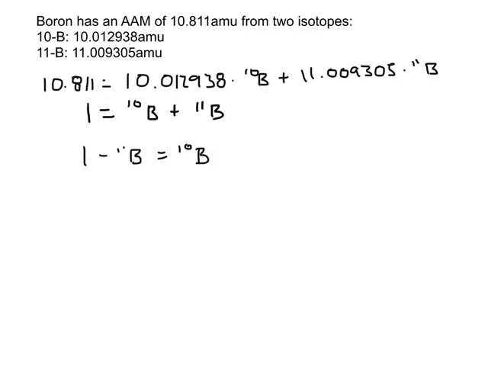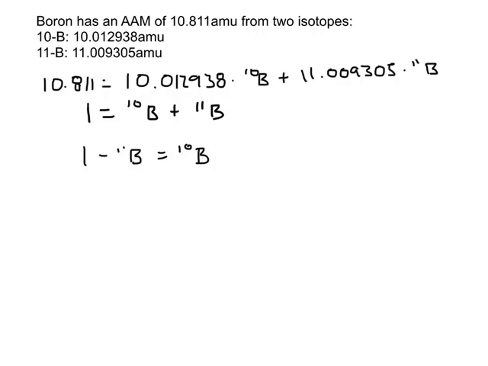I, as a habit, always solve for the smaller of the two isotopes because it keeps everything in my algebra steps positive the whole way. If you solve for the larger of the two isotopes, it doesn't matter, but you'll end up with negatives through the middle of your steps, and then those two negatives will cancel out at the end to get you a positive answer. So just out of habit, I always solve for the smaller of the two isotopes.